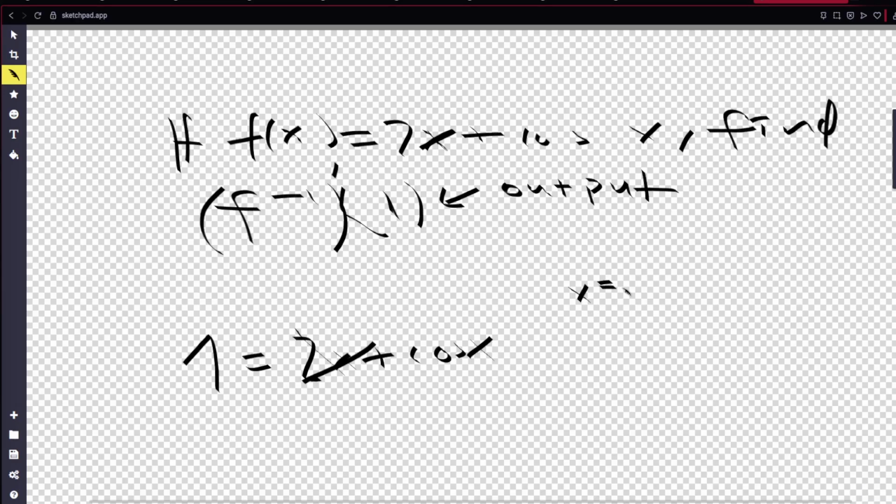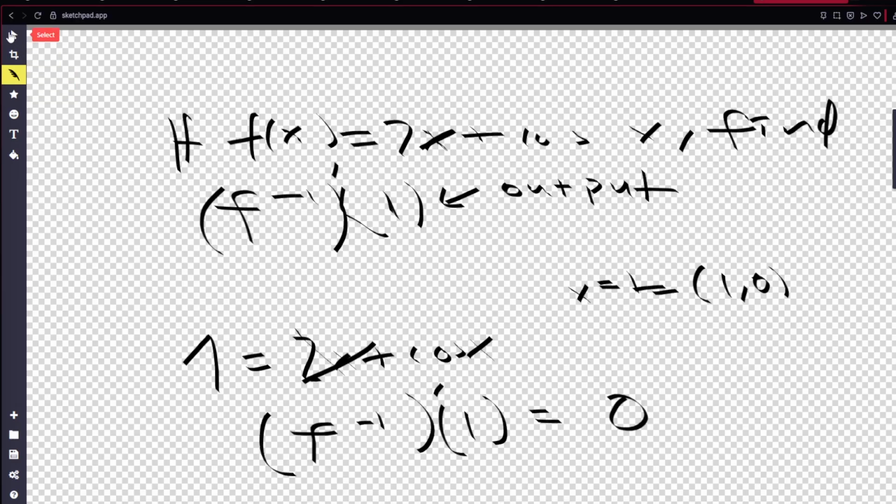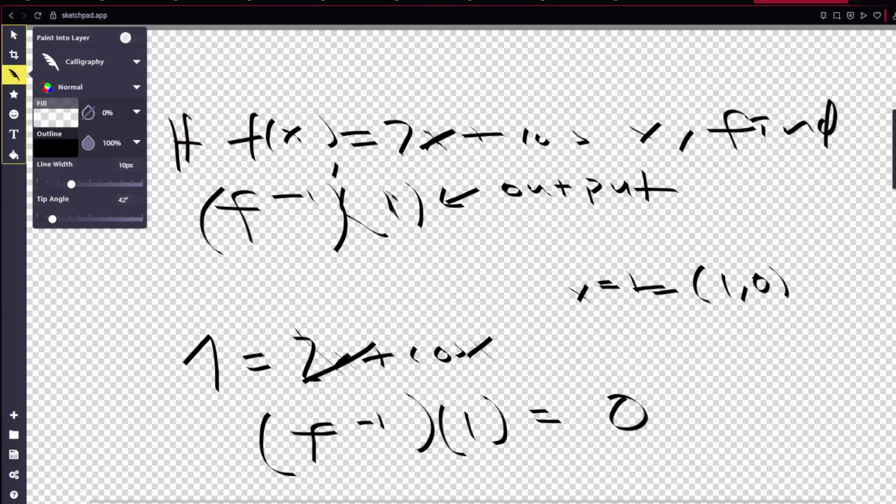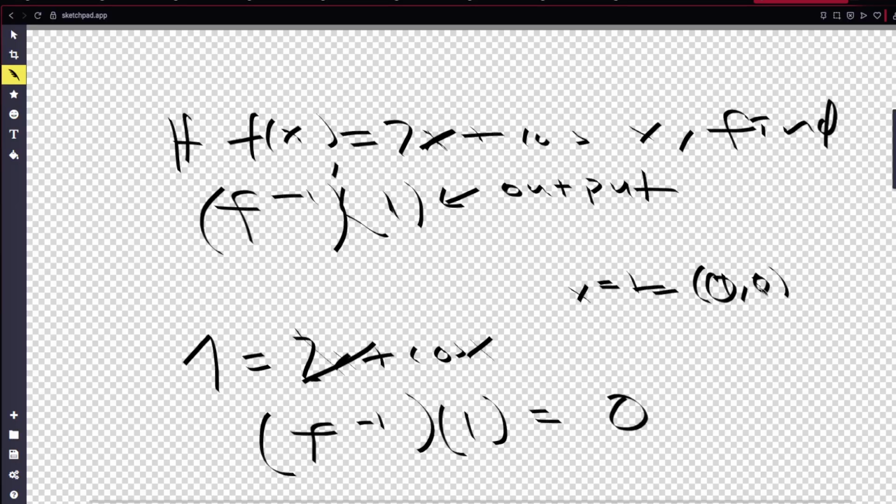So that means x is equal to 0, such that the point here is 0 comma 1, such that f negative 1 of 1 is equal to 0, because it just takes the output and reverses back to the input. So that means we have the point 0 comma 1, because again 1 is the output.